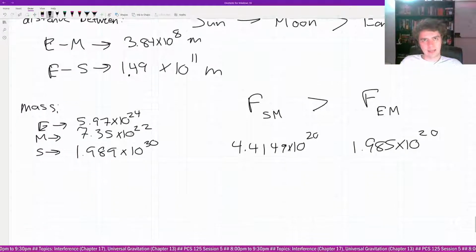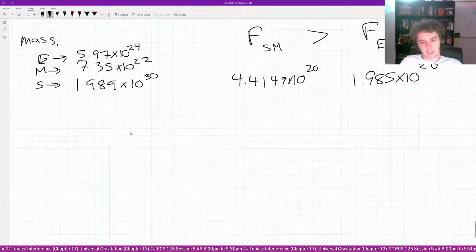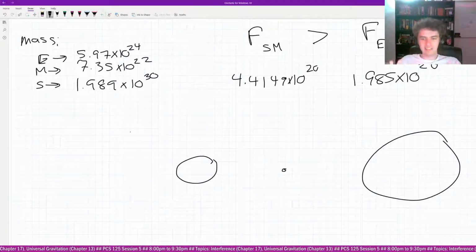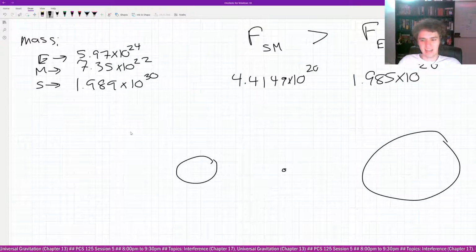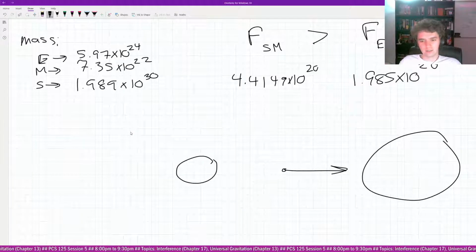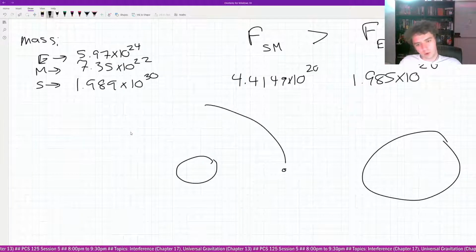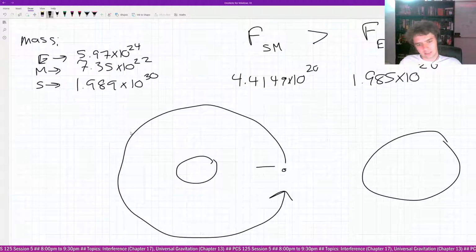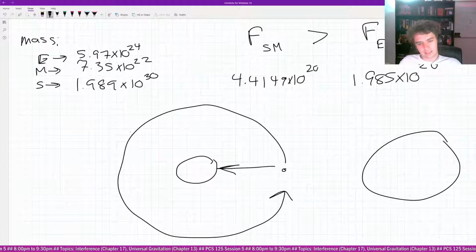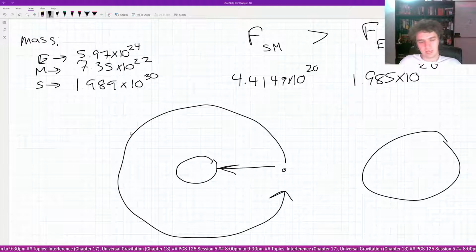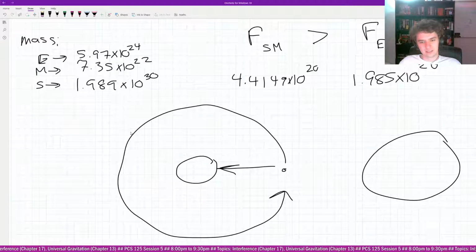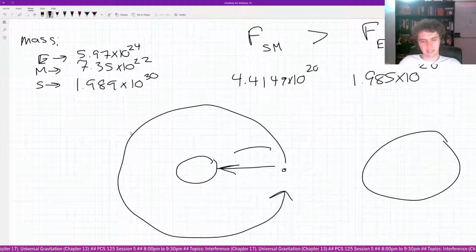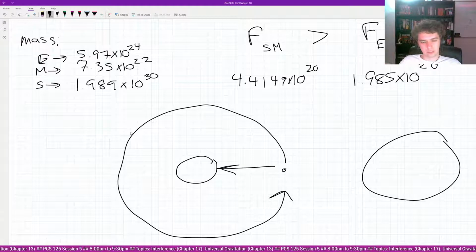If they were just still and perfectly like this, then yeah, the moon would go to the sun. But the moon is orbiting the earth. What that means is that there's a centripetal acceleration always to the center there, and so that's adding another force inwards. So the net force is still towards the earth here.